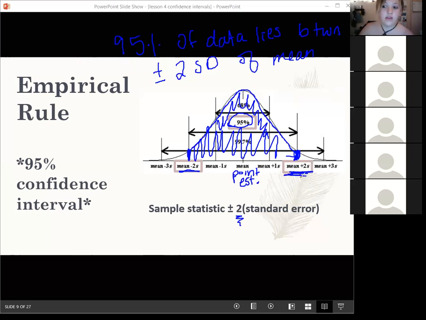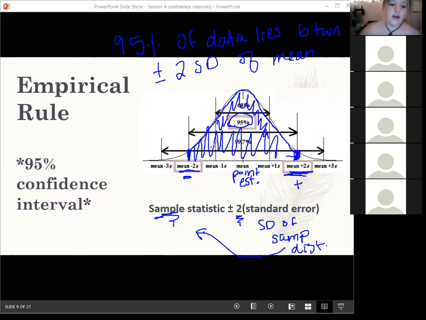This is what I was talking about when we do the plus or minus, that's where we're getting these two different lower and upper bounds of our confidence interval. And then our standard error, because that's also our spread. Remember, standard error is also our standard deviation of a sampling distribution. And remember, this is sample statistics, so that's why it's a sampling distribution. So that's where this comes into play.